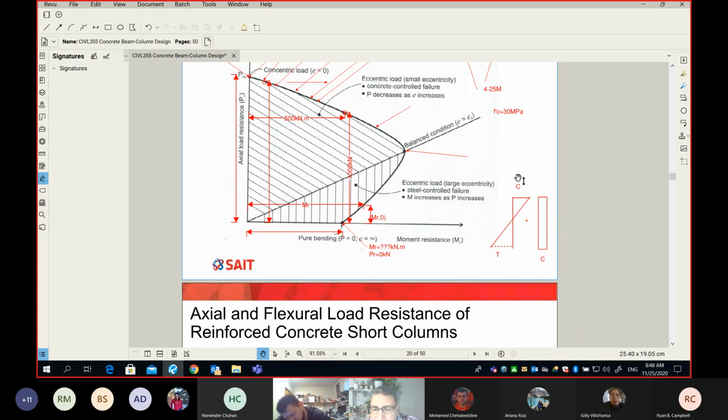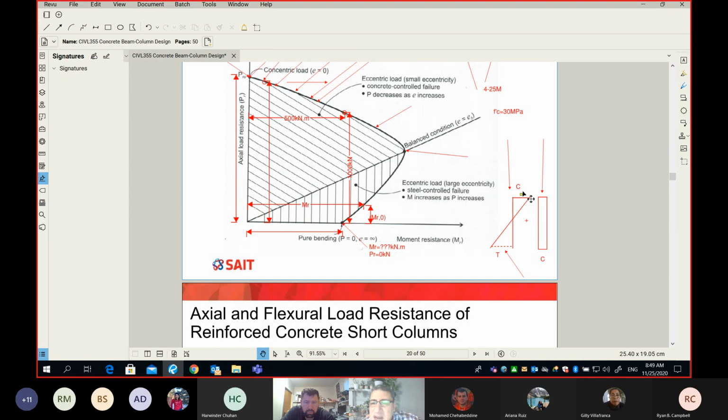Because this diagram here is for pure bending moment, so no axial force. And in this case, the rebar will yield first. However, if I start adding a little bit of axial force, when we add this diagram, which is simply compression, to this triangular diagram, it gets more compression and less tension.